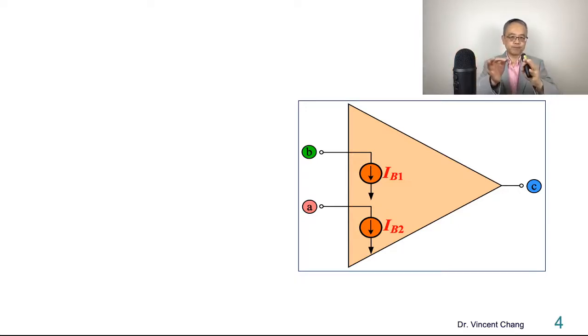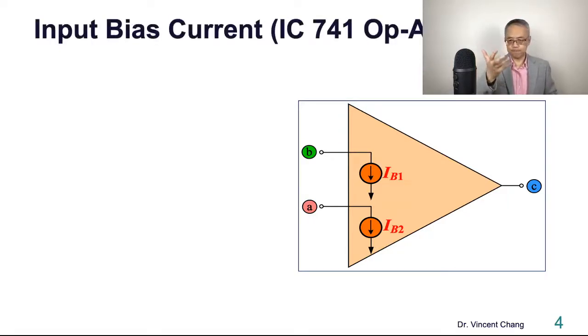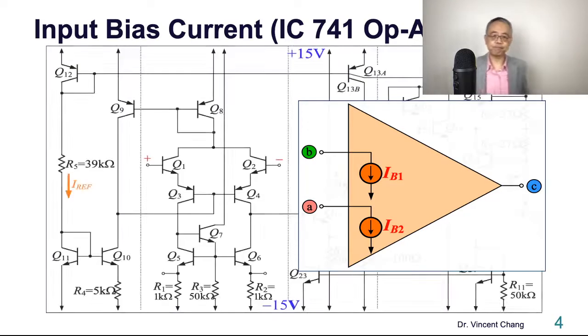I assume that this is not the course for analog integrated circuits, but I still want to go a little bit deeper to let you know where these two current sources are coming from.